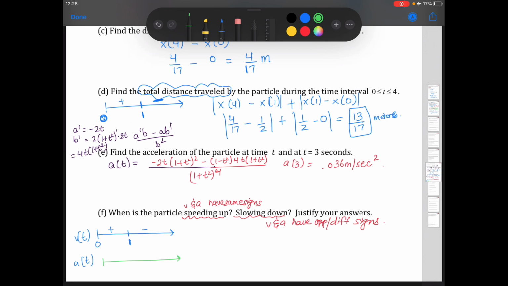This is really ugly looking, but if you think about it, it's really not bad. And if you simplify it, you will get a of t is equal to 2t cubed minus 6t over 1 plus t squared cubed.